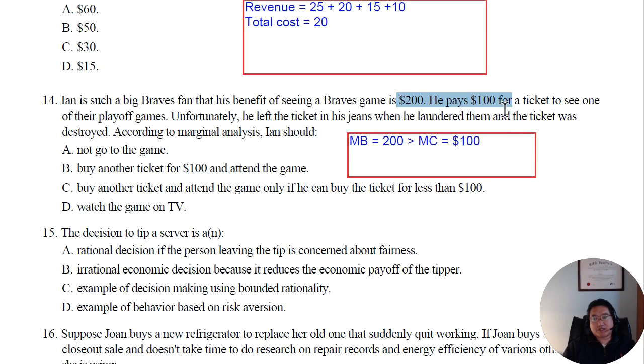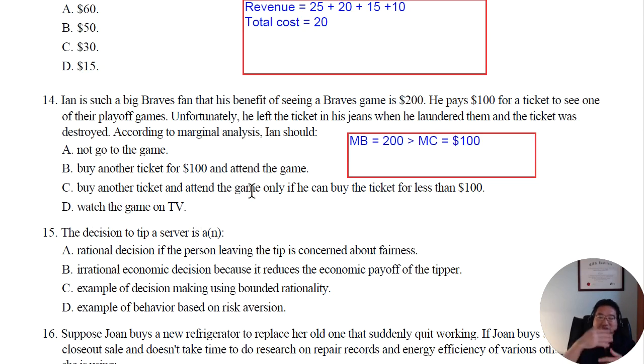As long as we assume paying $100 to get this $200 marginal benefit is a rational decision, a utility maximizing decision, then he should keep doing that, as long as he can still cough up $100. D, watch that game on the TV.